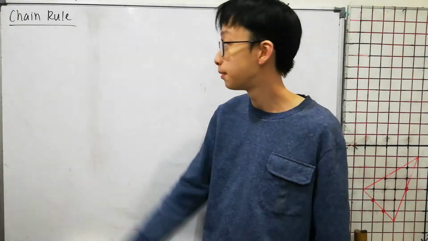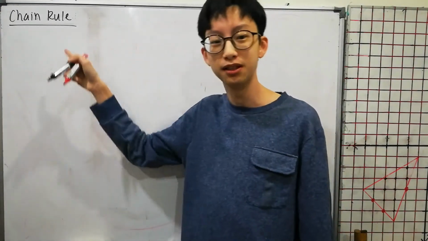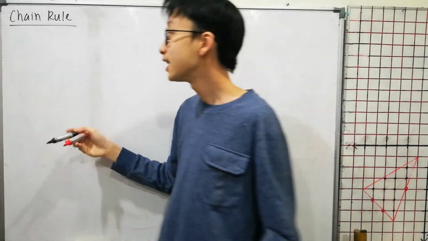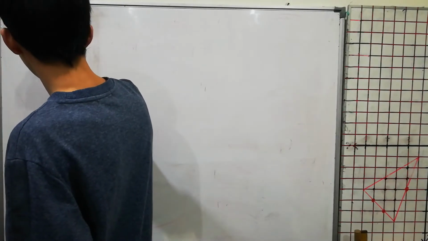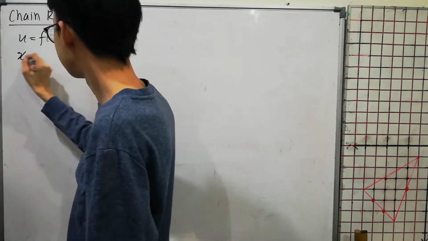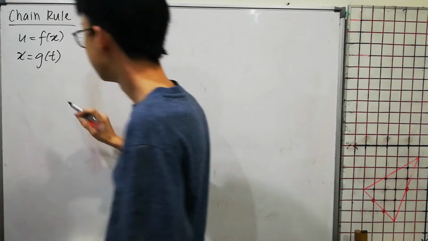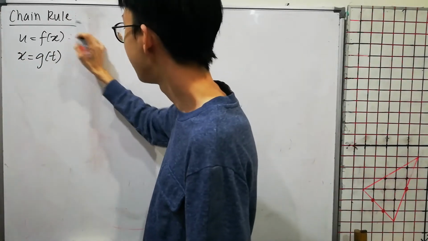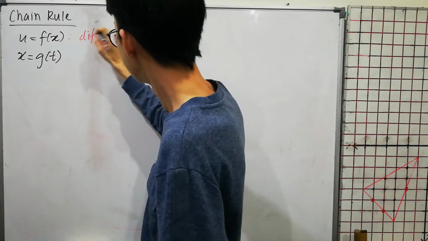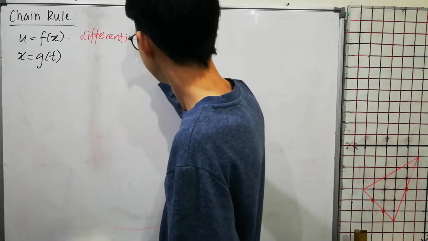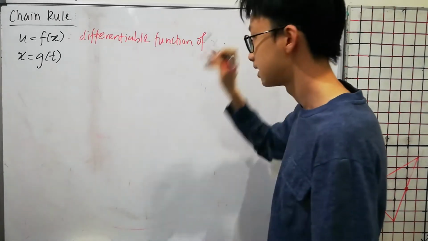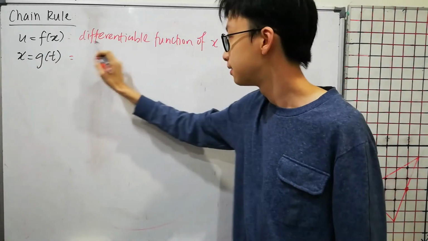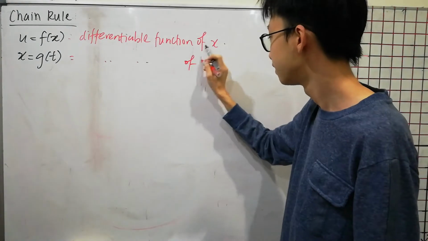Now let's talk about the chain rule, the most important rule in calculus. Let's start with a very simple example. Maybe u equals f of x and x equals g of t. In this case, we let u be a differentiable function of x, and similarly, we let x be a differentiable function of t.